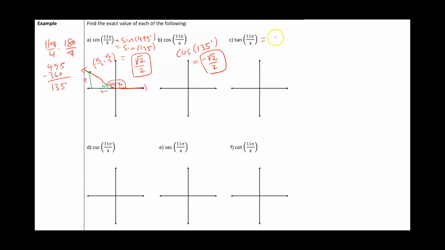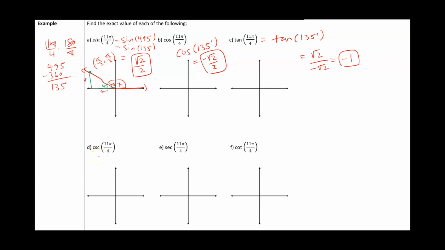Tangent, again, 11 pi over 4 is 495. The coterminal angle is 135, so we want the tangent of 135 degrees. Tangent is going to be the numerator of the y value, which is radical 2, divided by the numerator of the x value, which is negative radical 2. So our tangent is going to be negative 1.